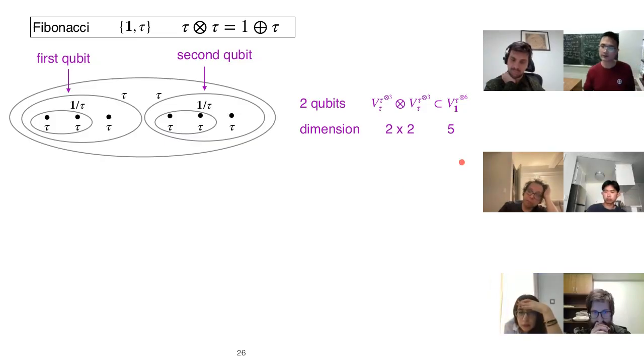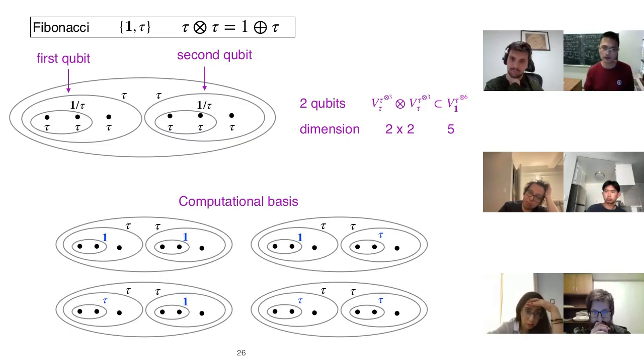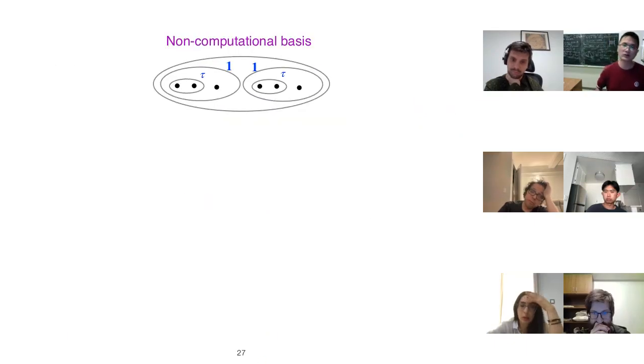But it turns out that this space of 6 anyons has dimension 5 rather than 4. Because, in addition to the computational basis of the 2 qubit subspace, depending on the total charge of some pairs of anyons, there is an additional non-computational state within the space. This is essentially the 5th dimension in the 6 anyon space.